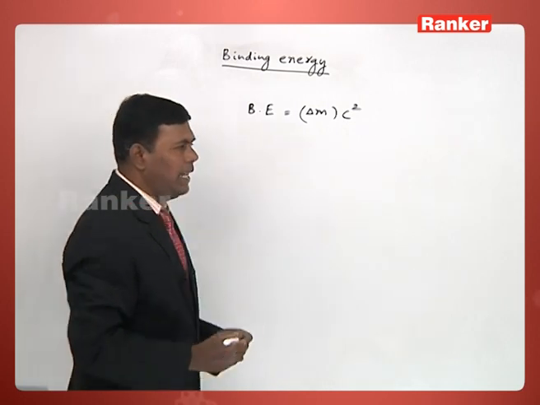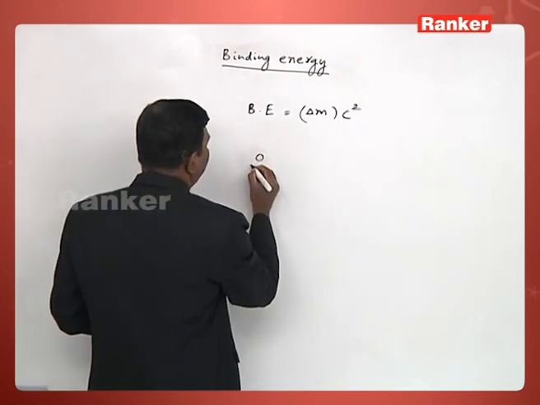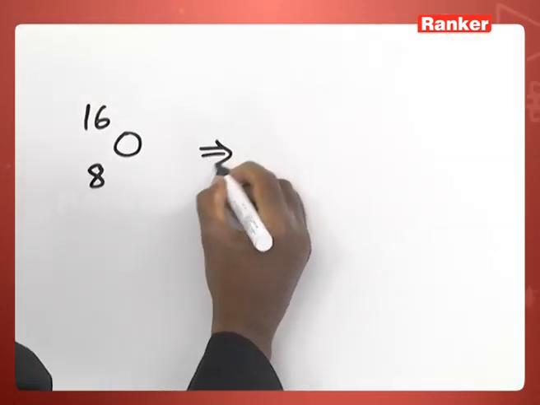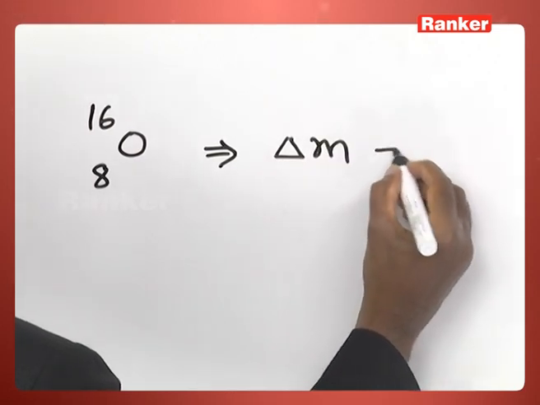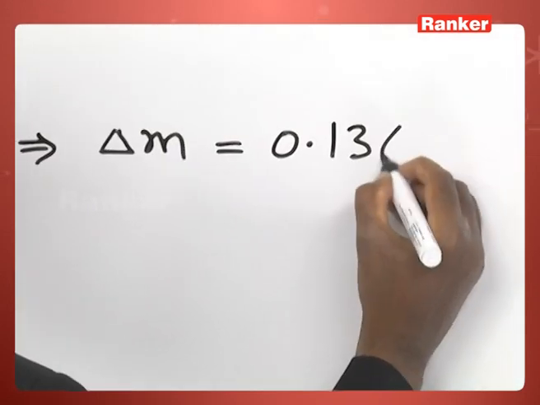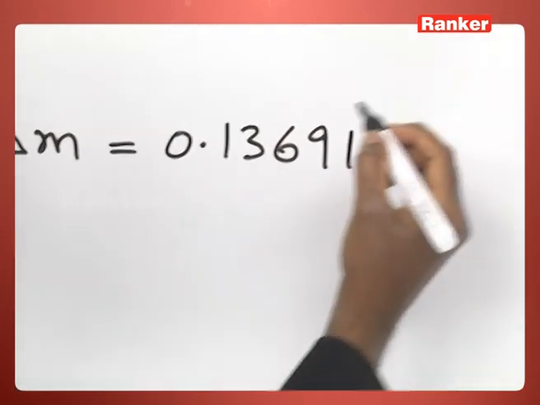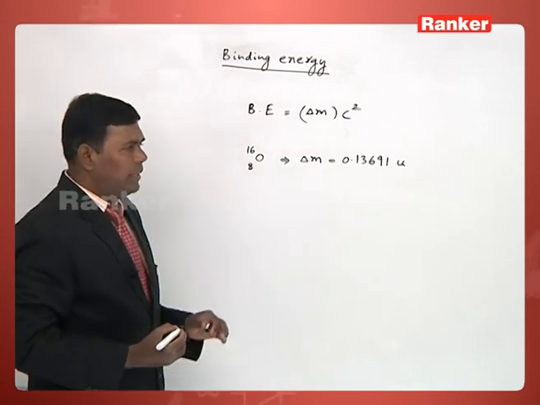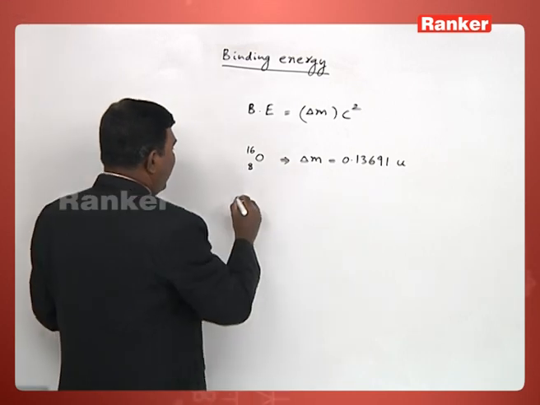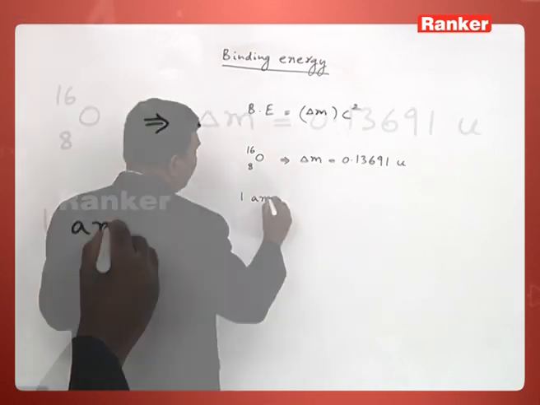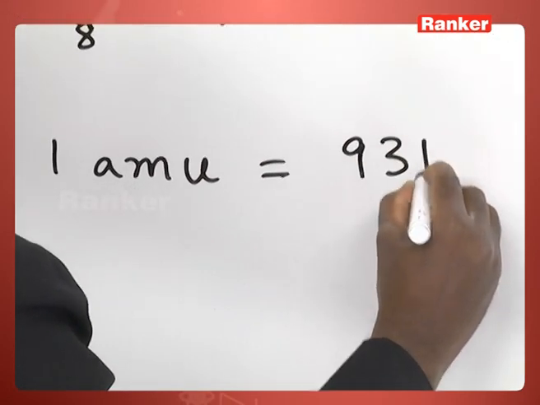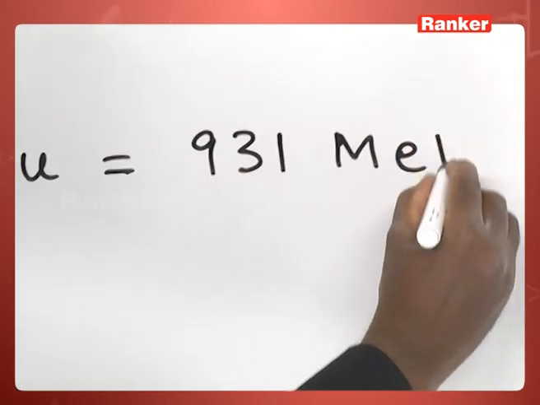For example, in the earlier case, we calculated the mass defect delta m of the oxygen nucleus to be 0.13691 atomic mass units. If you convert this into binding energy, generally one atomic mass unit when converted into energy is about 931 million electron volt.